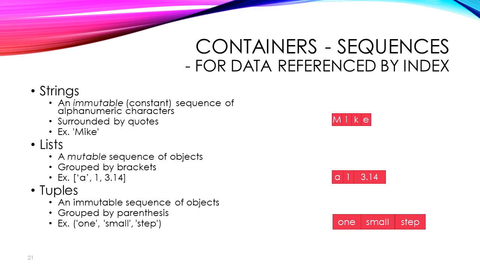So you can mix strings and numbers and anything you can think of and stick it all together. And so here I have an example of a character or a string, one character string, a letter A, an integer, and a floating point number, all organized together.